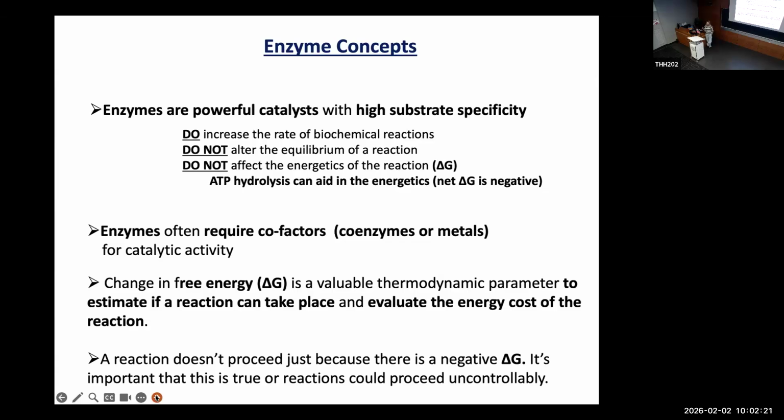So the equilibrium constant meaning what was the ratio of product to reactant that is present at equilibrium? It doesn't change that number. It doesn't change the delta G for a reaction. What it will help is equilibrium to reach faster.